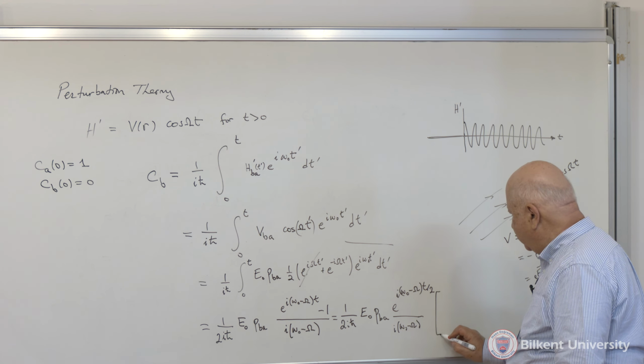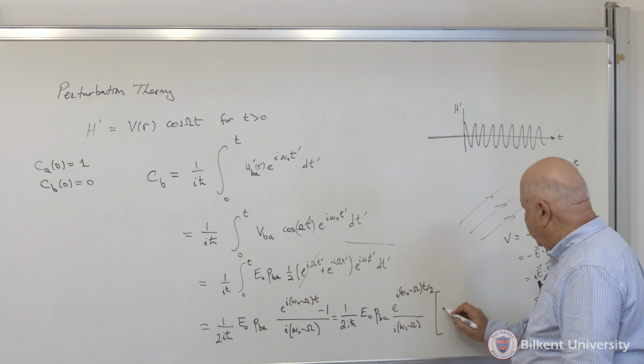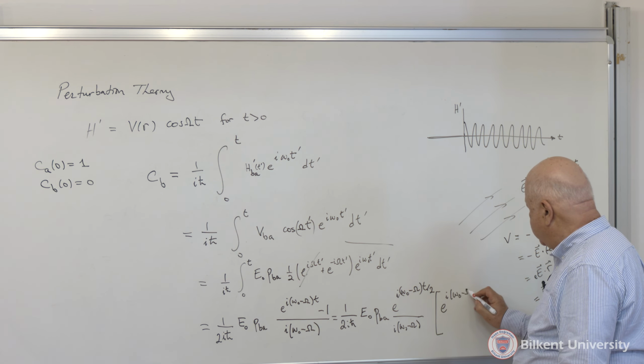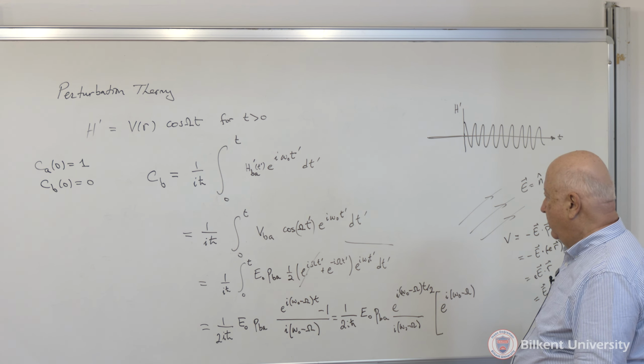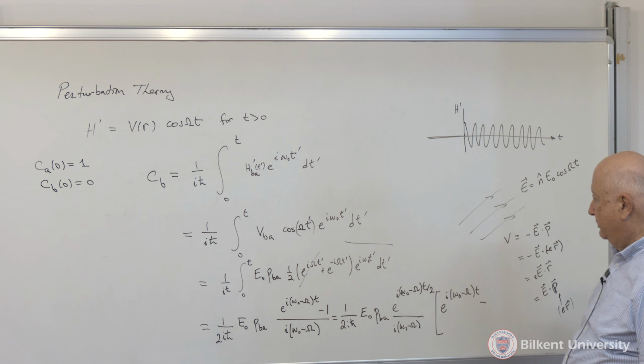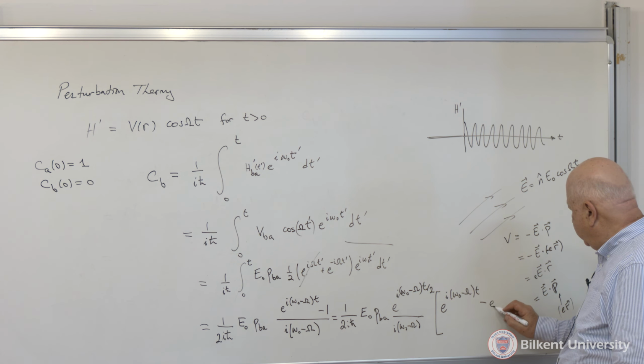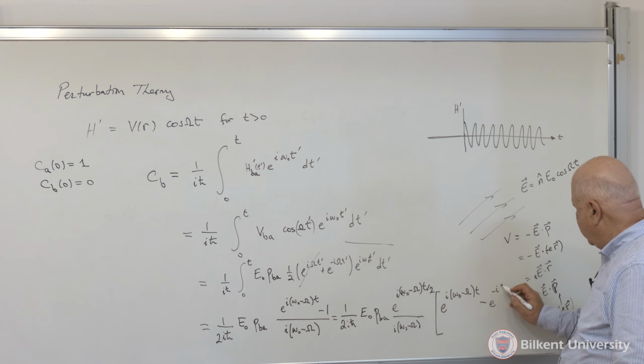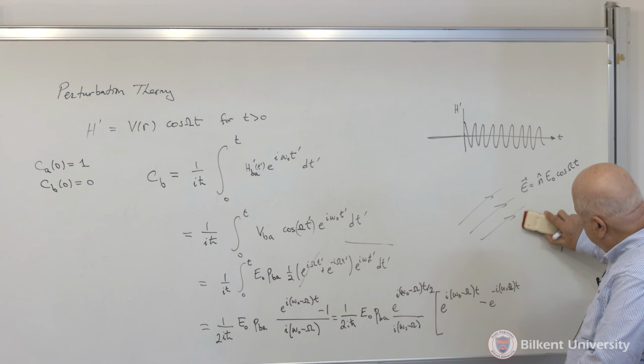Now if I factor half of that out, what am I left with? e to the i (omega 0 minus omega) t minus e to the minus i (omega 0 minus omega) t. I think we should have over 2's.